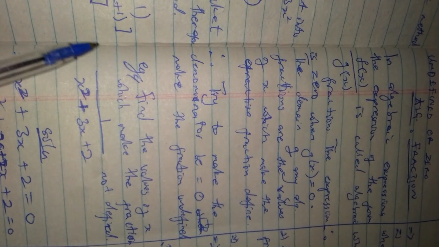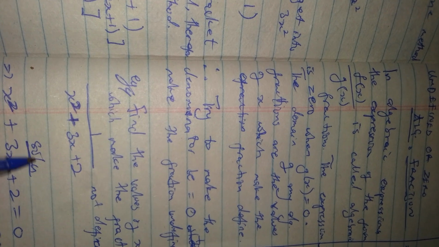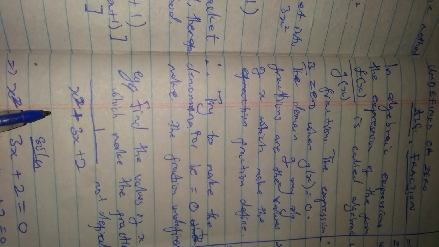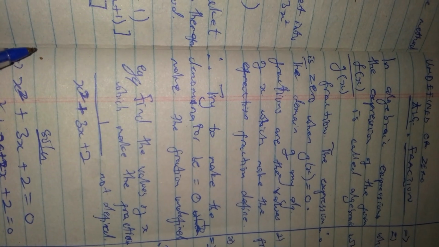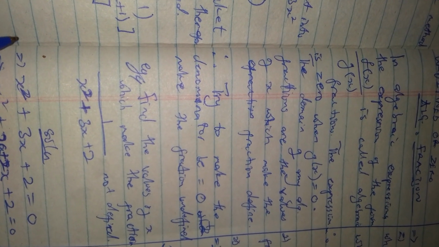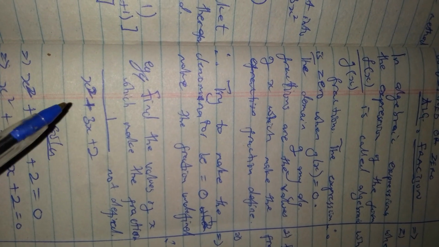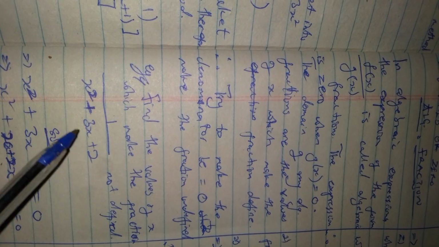So you can see that the denominator here is a quadratic trinomial, right? So we just deal with this quadratic trinomial. We just find the values of x for which, when we substitute them here, all this will be equal to 0.